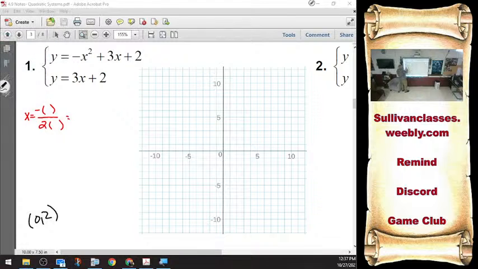X is negative b over 2a, which gets a positive 3/2. Plug that in. Getting negative 9/4 plus 9/2, or 18/4, is 9/4, plus 2, so 9/4 plus another 4/4 is 13/4?